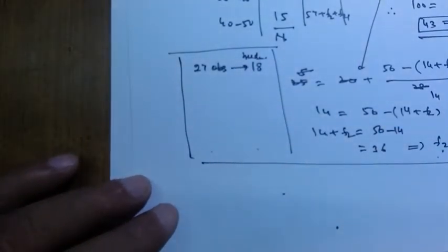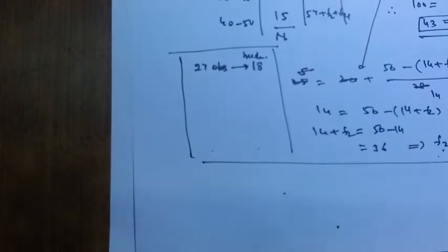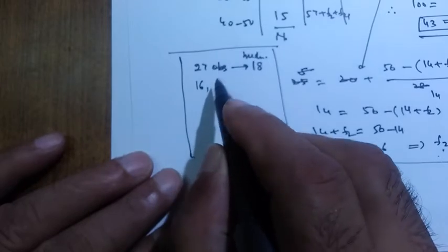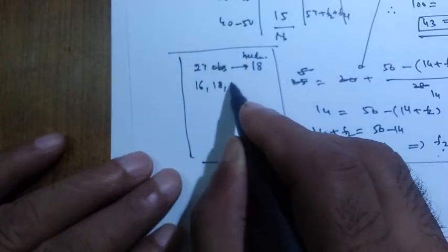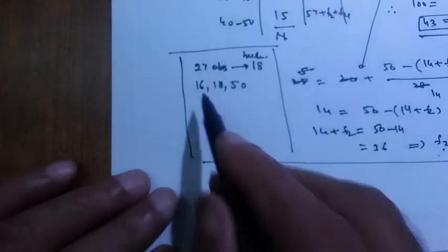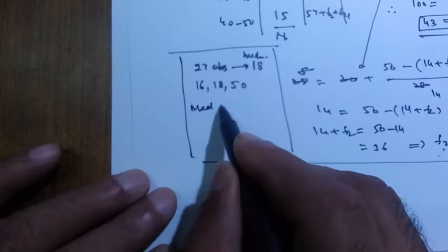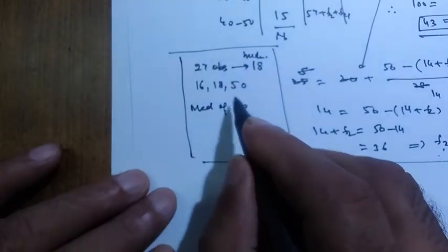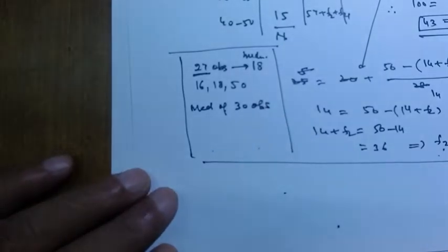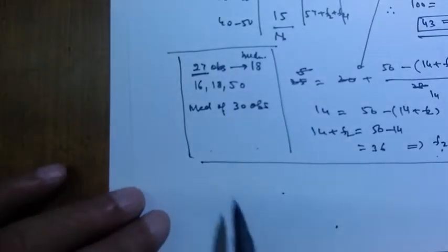Then three more items are added into it: 16, 18 and 50. We have added 3 more items, so what will be the median of the 30 observations, not 27 as earlier? Can you find out? Yes, we can find out.